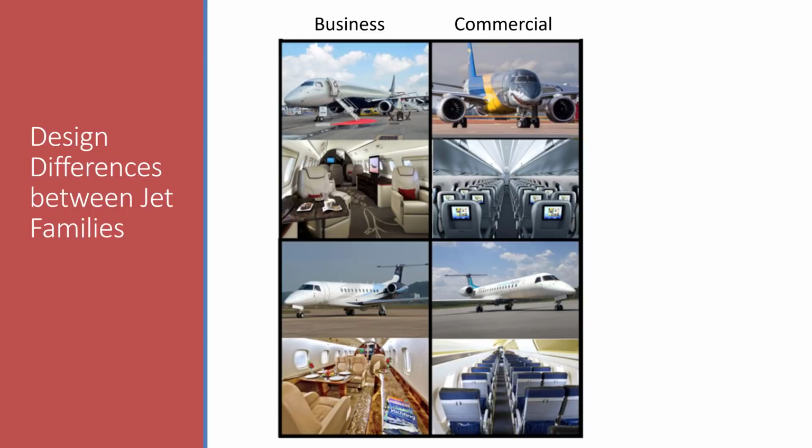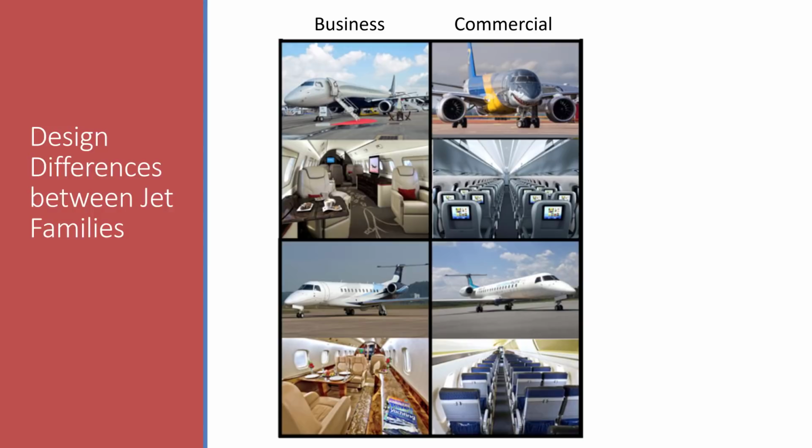Business aircraft are a little bit more luxurious, with a little bit more room in there, and they could be the same aircraft. If you look at the bottom set of pictures, you can travel in style, or you can be packed in like a sardine can.